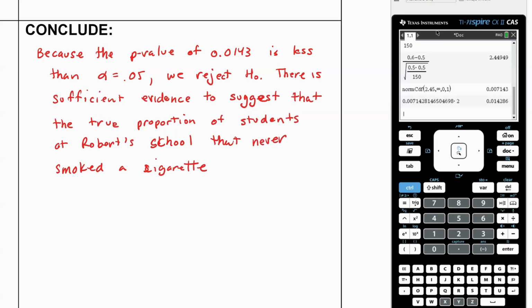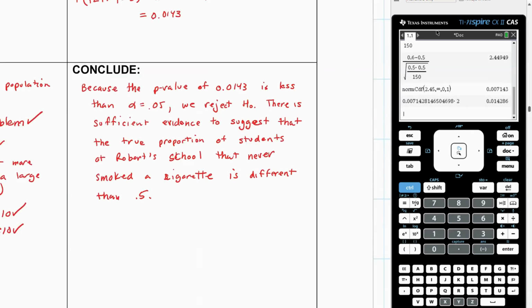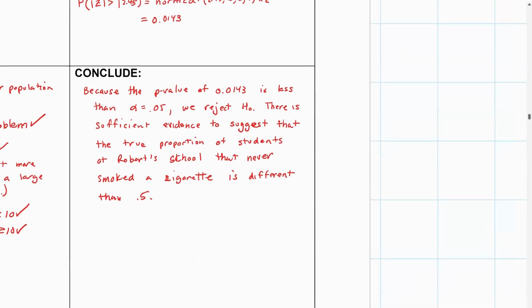That's what we're measuring about them. And now we restate the H naught claim is not 0.5. Or we could say is different than 0.5. And there's our four-step process for that problem.